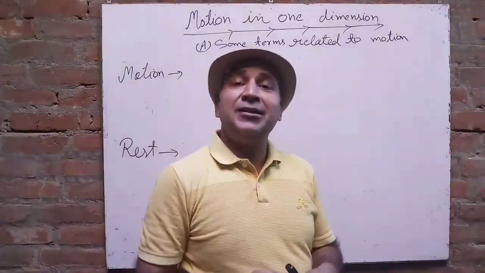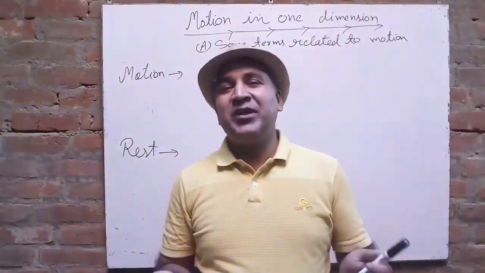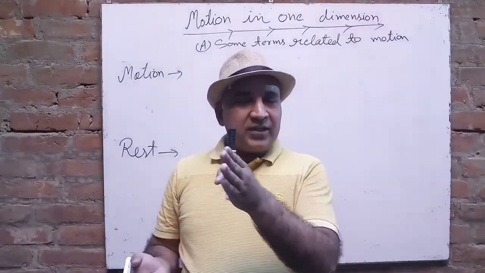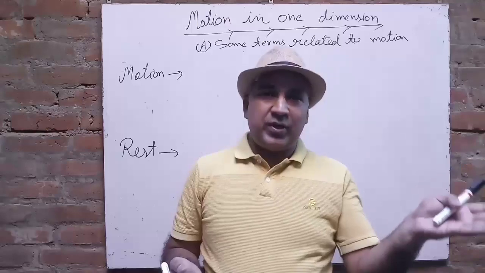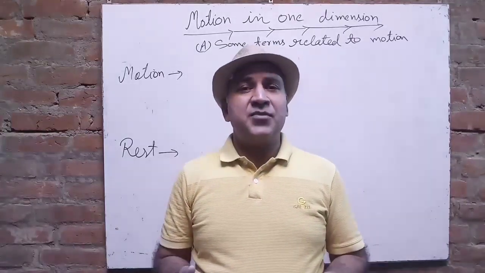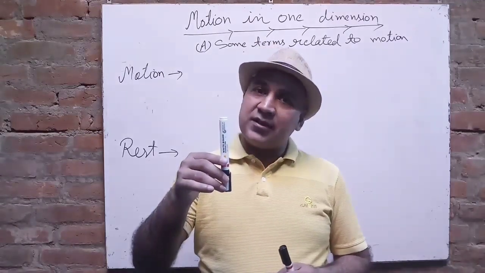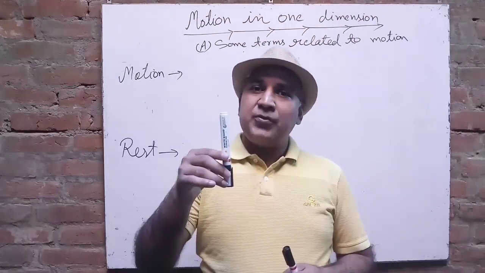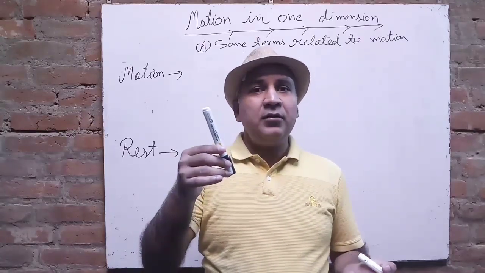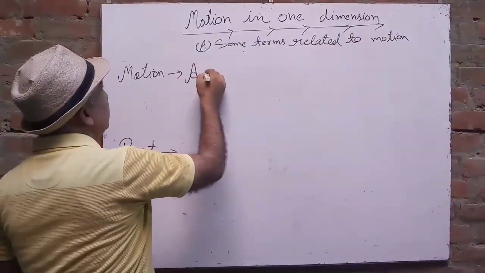I think you have the idea about this also, but I am going to revise once again. What do you mean by motion? When one object changes its place from one place to another, then the object is called in motion. And if the object is not changing its place, then that object is called in rest position. Okay? I hope it's very simple.